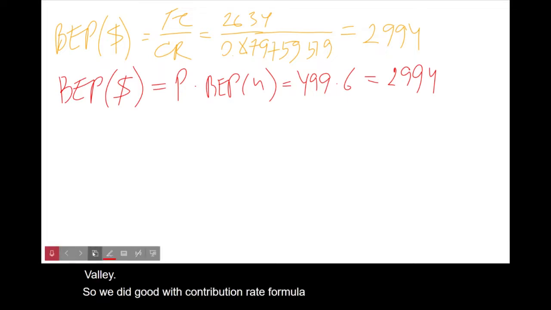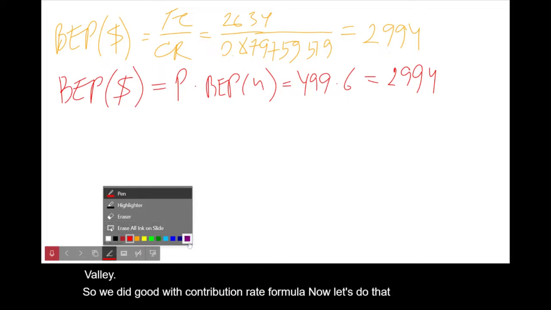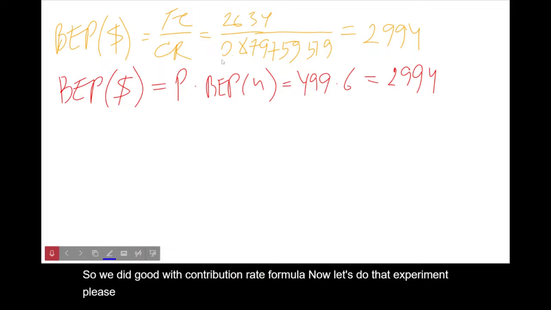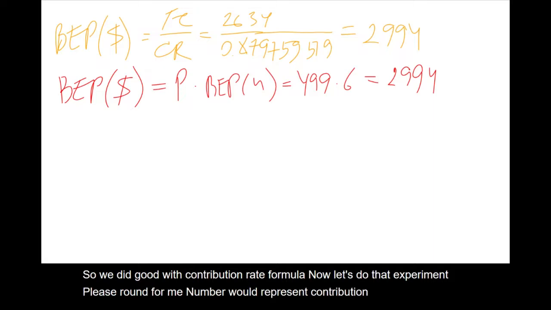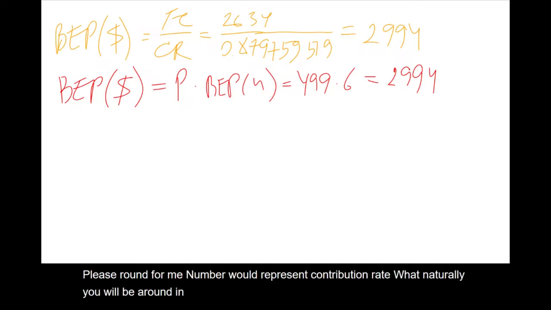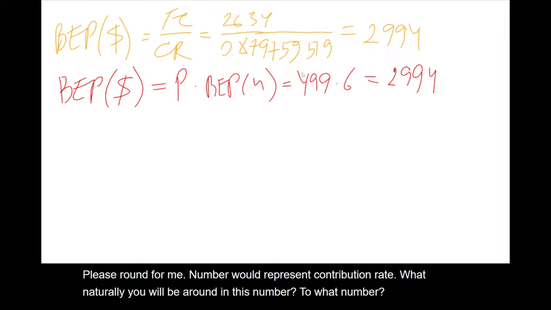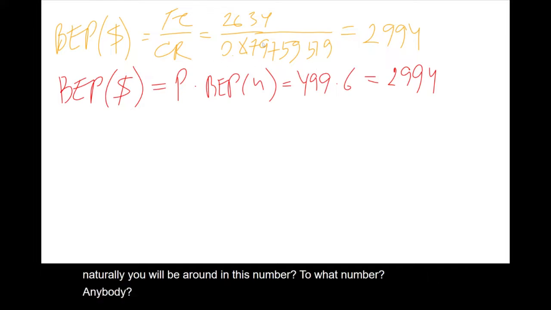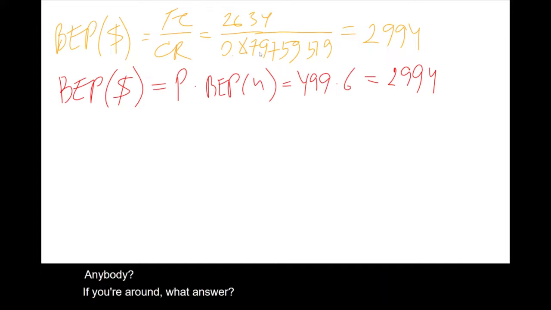Now, let's do an experiment. Please round for me the number that represents the contribution rate. What number would you naturally round this to? 0.88. Okay, let's do that.